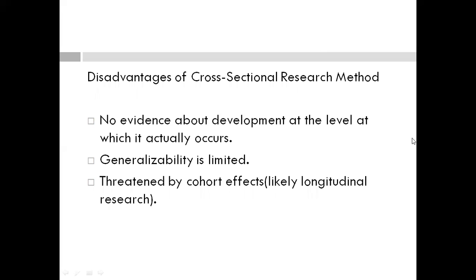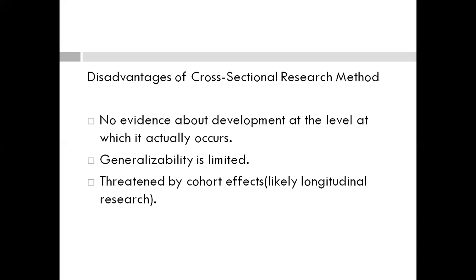Under the cross-sectional research method, there is no evidence about development at the level at which it actually occurs. It can be unimportant to have evidence of when the changes occur, but because this research method requires only a short time, it is hardly able to identify the exact time when changes occur, and generalizability is limited.